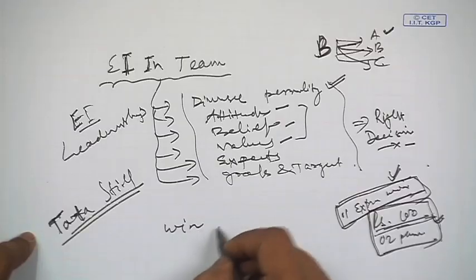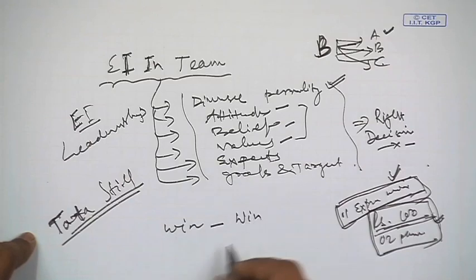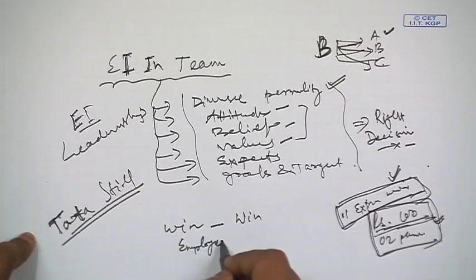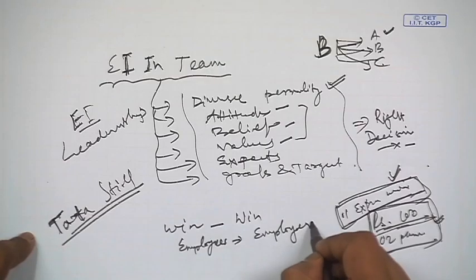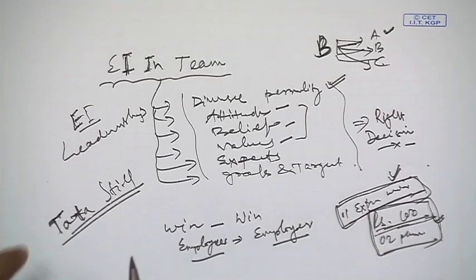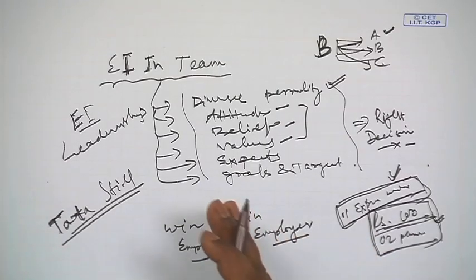That is how a leader should understand the emotional need and act accordingly, so that it becomes a win-win situation both for the employees as well as employers. That is the beauty of emotional intelligence, understanding the emotional need of its people.